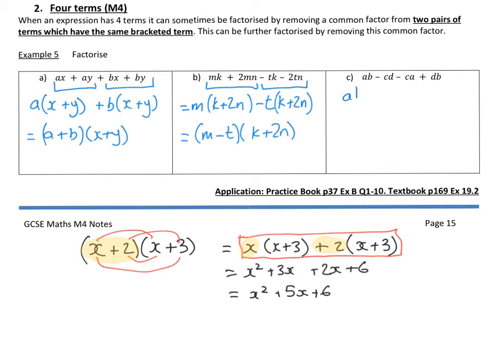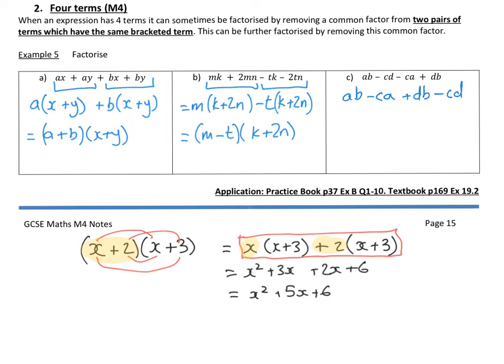So if we put AB, and then let's put the third term, the CA, beside it, because that way they will be able to be factorised. And then in the first 2 terms there was a positive and negative, so there's a plus DB, let's put it next, so that it keeps the same form, so DB, and then we're going to have minus CD. Okay, so we've got the positive, negative, and then we've repeated that pattern of positive and negative, and there's something common in each of these pairs.